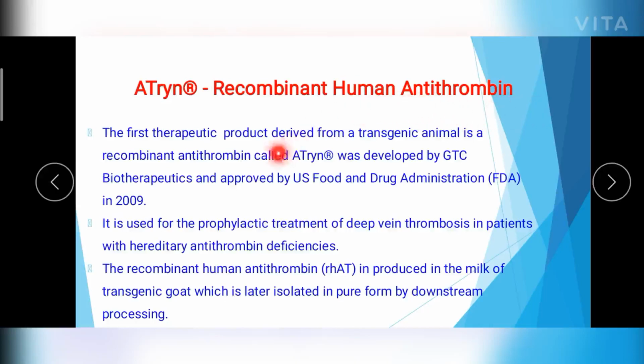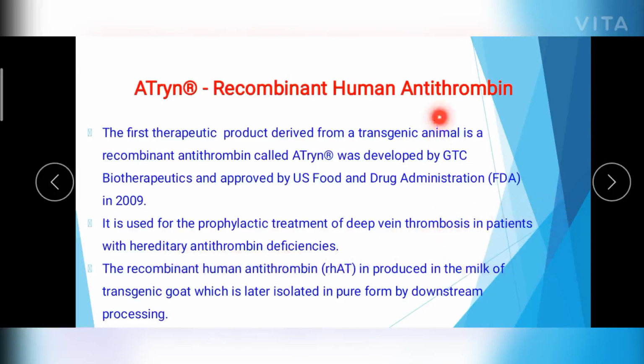Antithrombin production. This antithrombin is produced in transgenic goats. This is the first therapeutic product developed by GTC Biotherapeutics, and it was approved by the US Food and Drug Administration in the year 2009. This antithrombin is used for the treatment of deep vein thrombosis in patients who are suffering from hereditary antithrombin deficiencies.